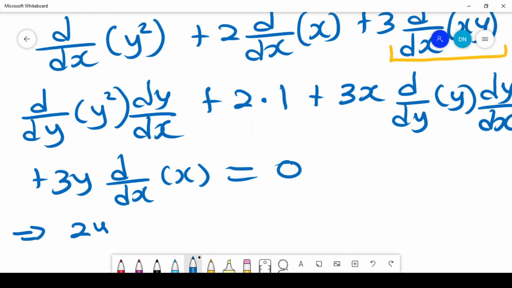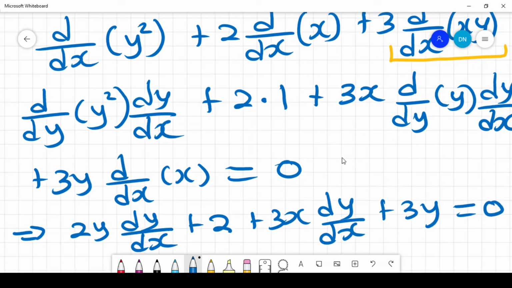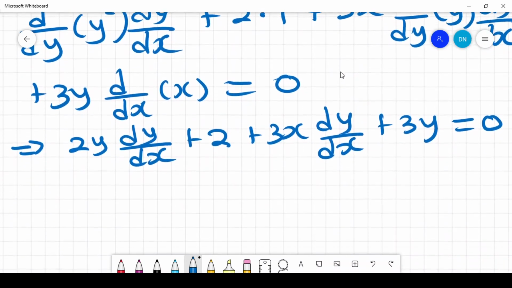So it is 2y dy/dx plus 2 plus 3x dy/dx plus 3y equals 0.